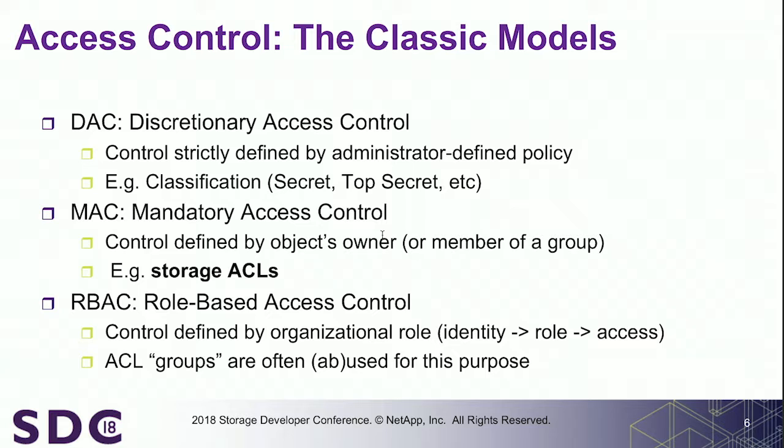And you resolve from identity to role to access. Because I'm an administrator, I can delete this data. Because I'm part of this other role, I can read this data, but I can't, for example, delete it. And we've probably all seen this. ACL groups are often abused for this specific purpose, to not really have to extend the traditional ACL model.